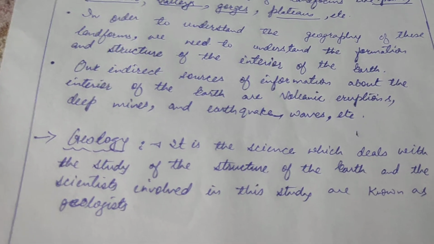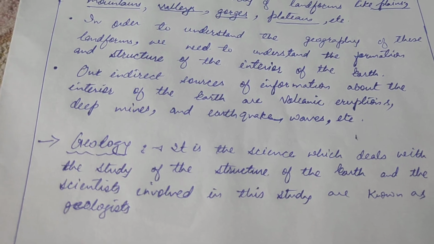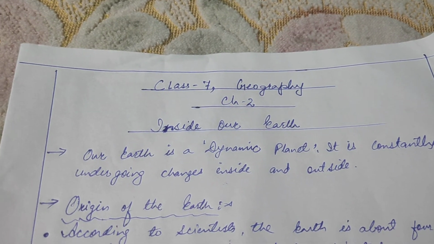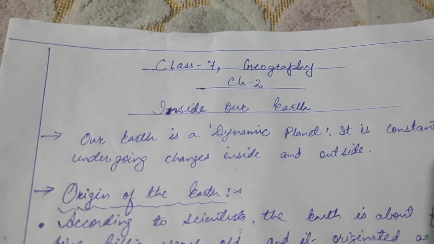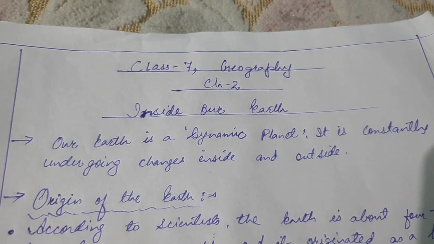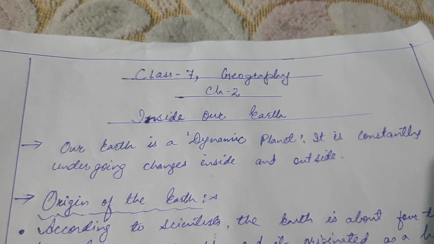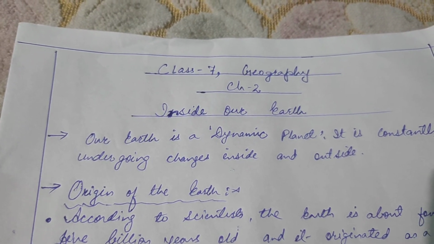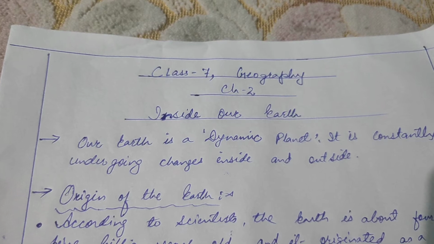Now here we were about to study the inside of our earth. So what do we see in our earth? Our earth is a dynamic planet. Why is it said to be dynamic? It is dynamic because it is constantly changing.